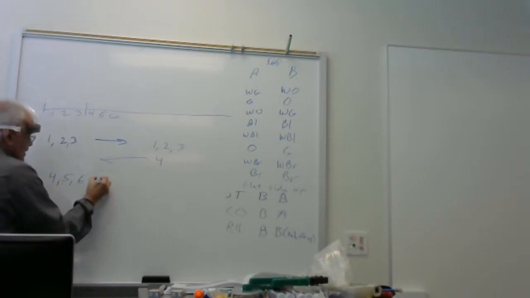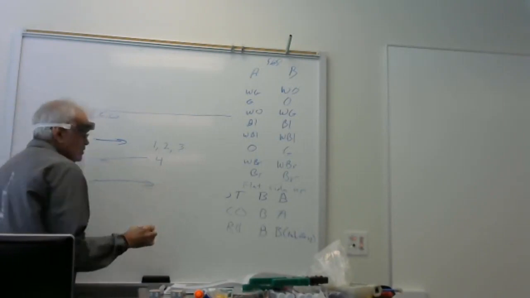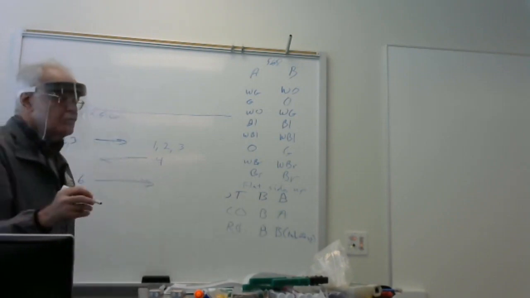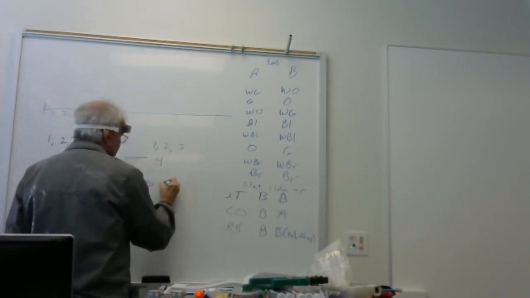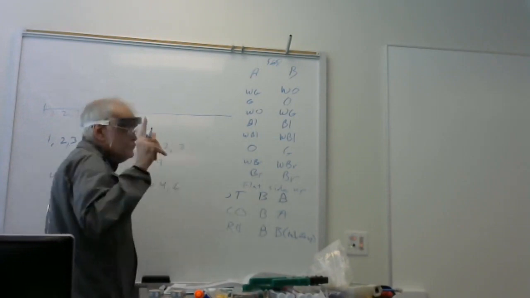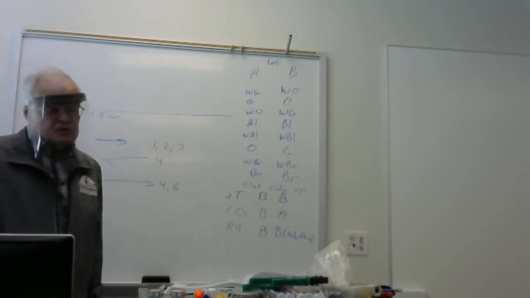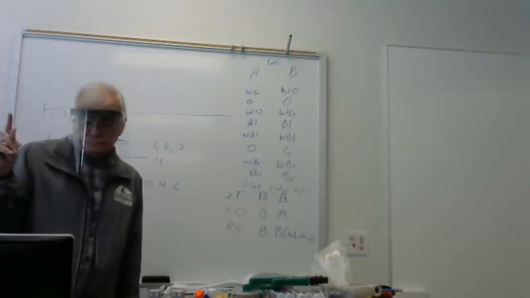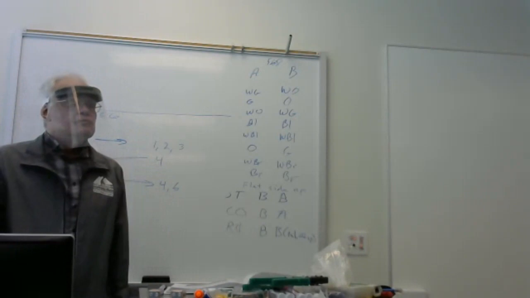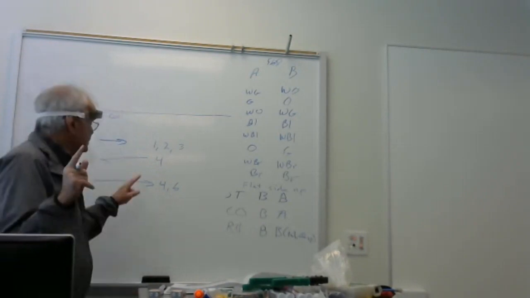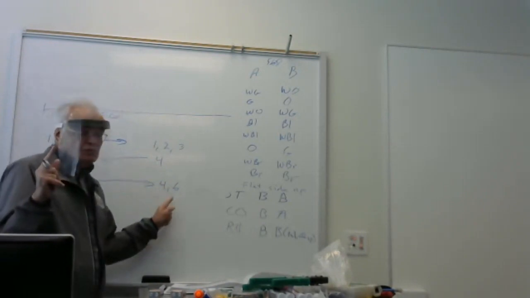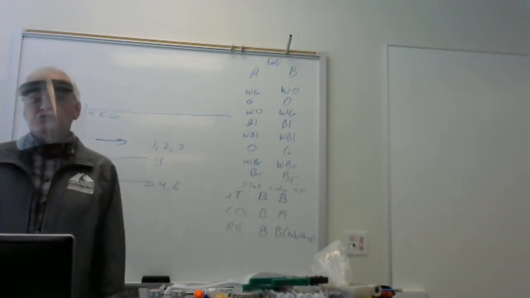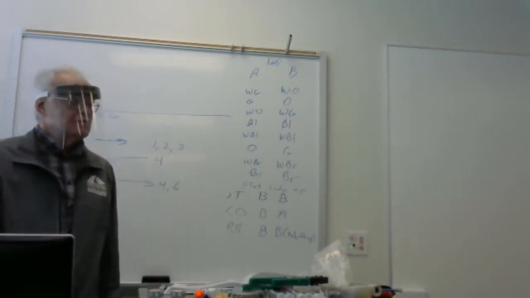Machine 1 then sends 4, 5, and 6. But instead of 4, 5, and 6 getting there this time, only 4 and 6 arrives. Under normal TCP sending on it, it will look at that and go, I got 4 and 6, but didn't get 5, so 6 is worthless to me.